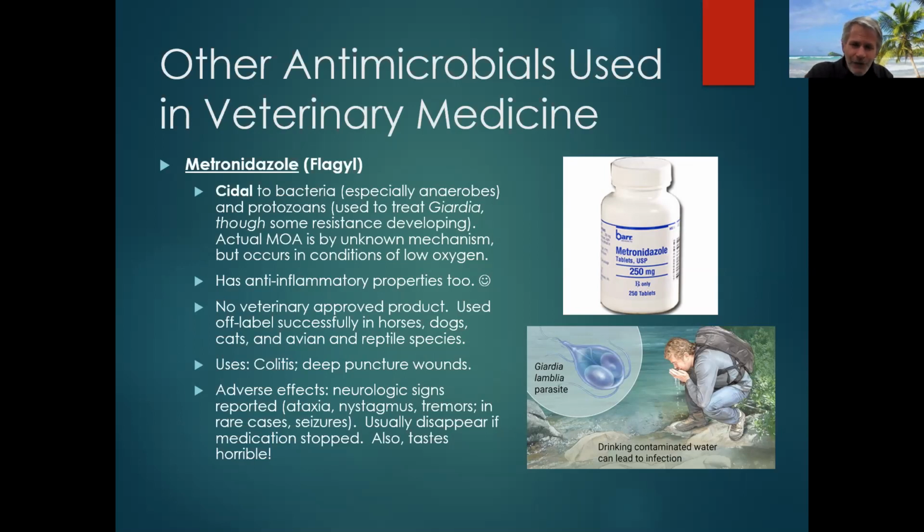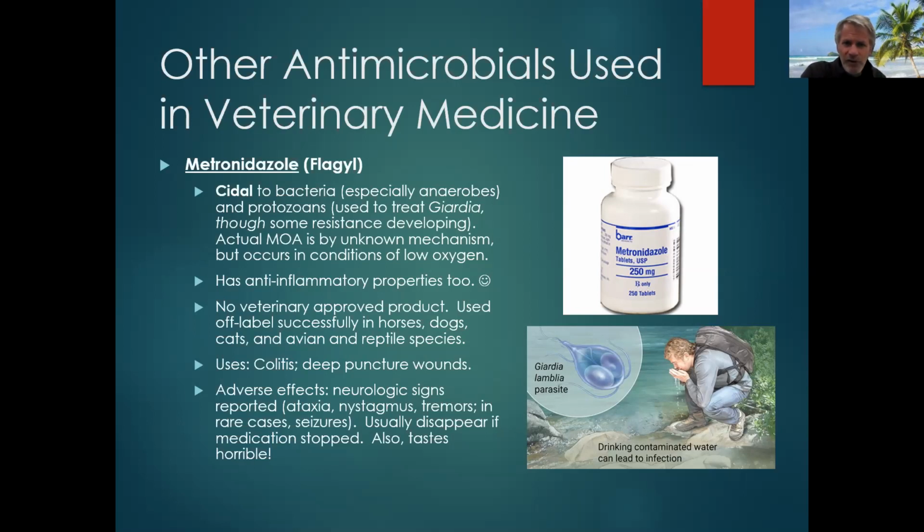It can have some neurologic signs, usually if we're using high doses. So ataxia would be kind of stumbling. Nystagmus is this sort of weird eye movement. I can't really demonstrate it, but the eye kind of goes fast one way and slow another. Tremors, in really rare cases, a seizure, but that would be rare. So if it is causing ataxia or nystagmus, we just stop it and try something else.